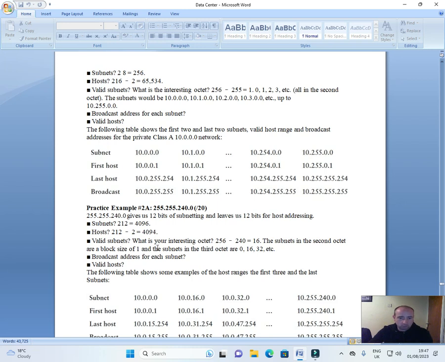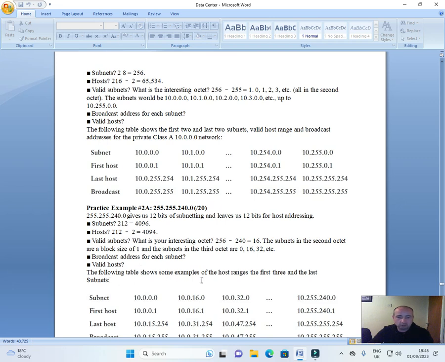Valid subnets: what is your interesting octet? 256 minus 240 equals 16. The subnets in the second octet have a block size of 1 and the subnets in the third octet are 0, 16, 32, etc.